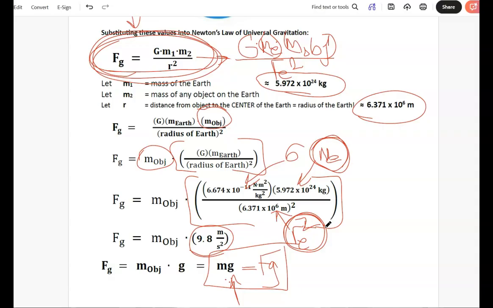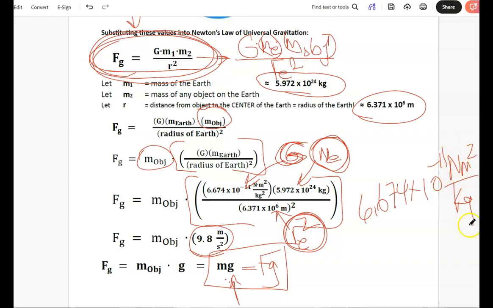But the capital G, that's a universal constant. That is always going to be the same number. That's that 6.674 times 10 to the minus 11 number with units of Newton meters squared per kilogram squared to make everything work out so that your force ends up being in newtons, just like all forces.